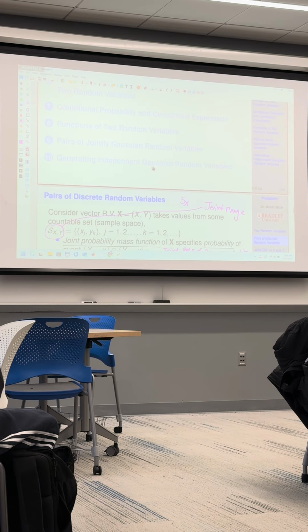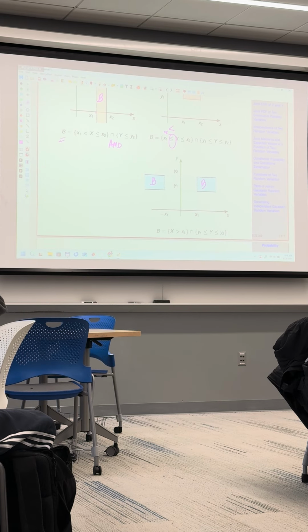Now, from the sample space, if B consists of a bunch of points xj, comma, yk, okay, so this is going to go on the homework problems. Xj, comma, yk, and let's say I'm going to define the set like this.